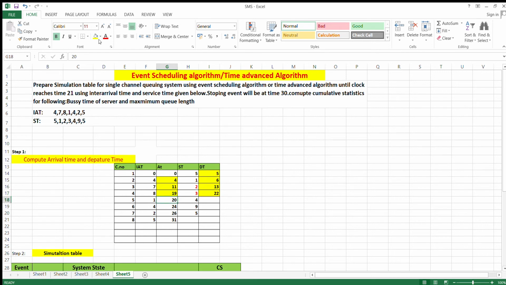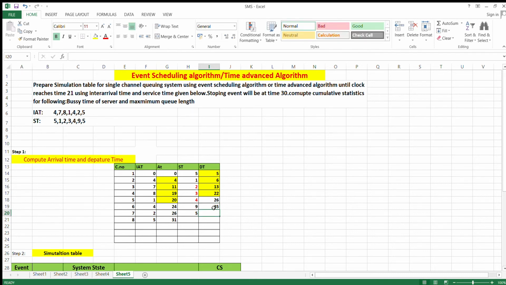Next, the previous departure time is 22, arrival time is 20. So maximum is 22. 22 plus 4, 26. Departure time is 26, arrival time is 24. Maximum is 26. 26 plus 9, 35.